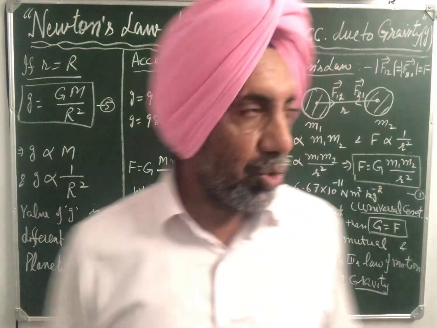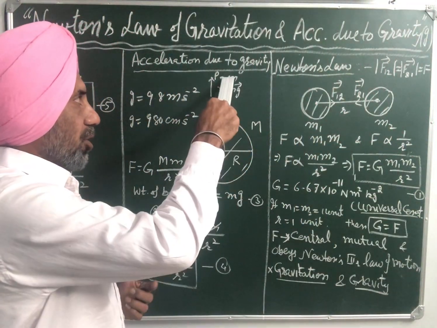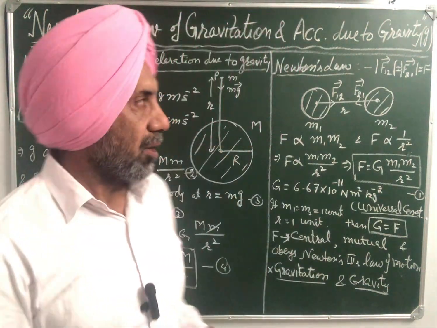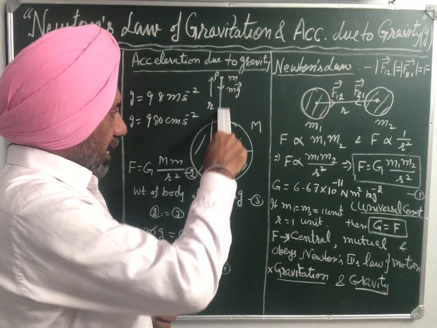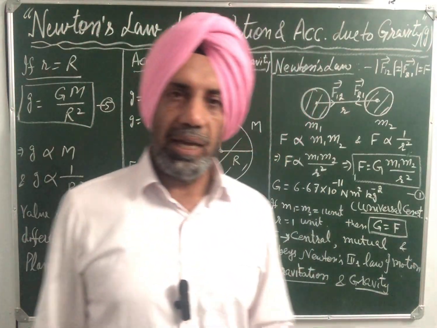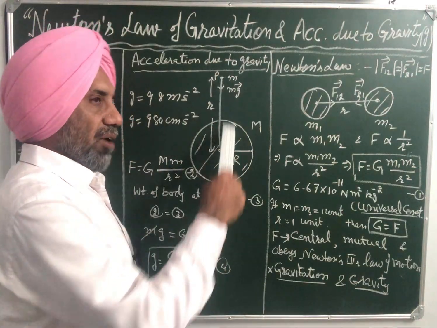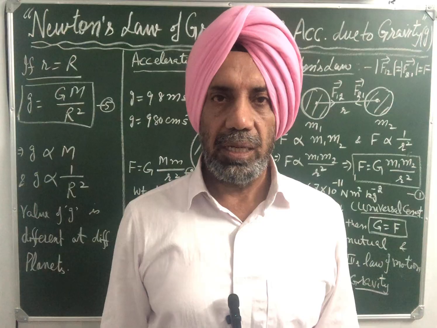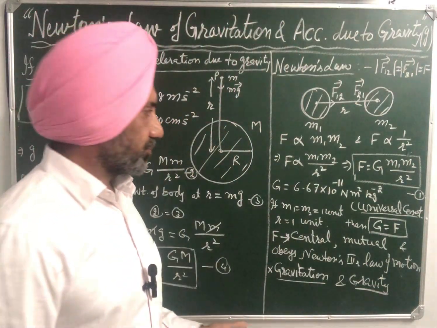Because of the mass of the body and its weight acting vertically downward towards the center of Earth, when a body is dropped from a certain height, its velocity goes on increasing, and hence it acquires acceleration, and that acceleration is called acceleration due to gravity because it is due to gravity.